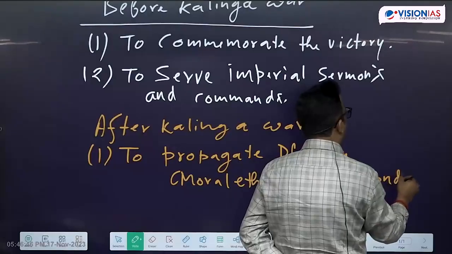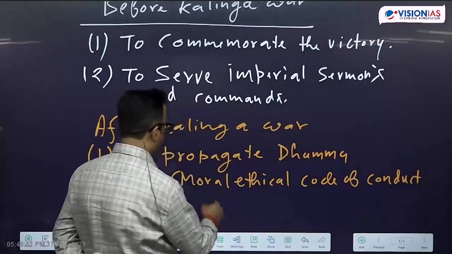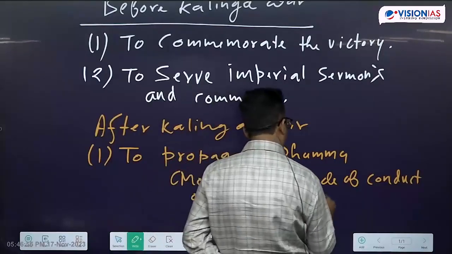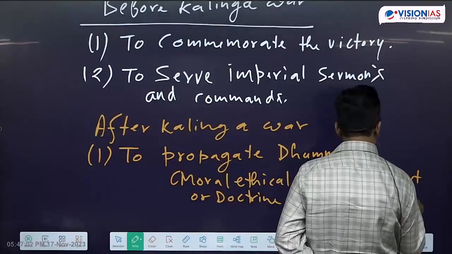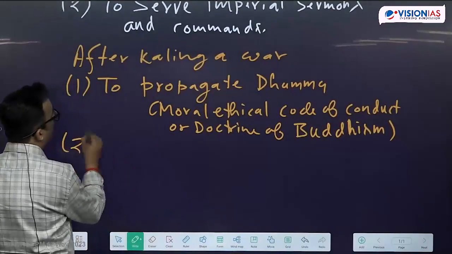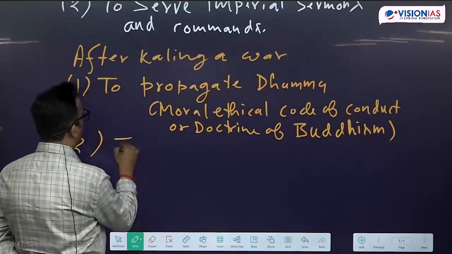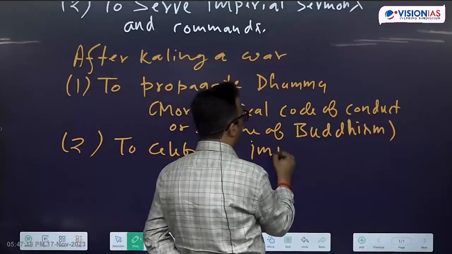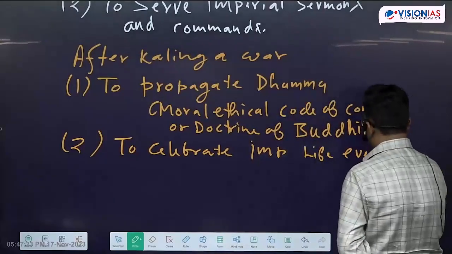And actually this moral ethical code of conduct is associated with which religion? Buddhism. Okay? So you can also write it as doctrine of Buddhism. Then number 2 you mention, after Kalinga War: to celebrate important life events of Buddha.